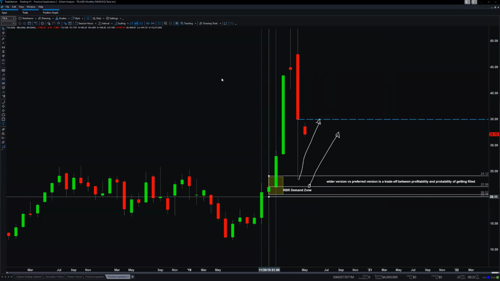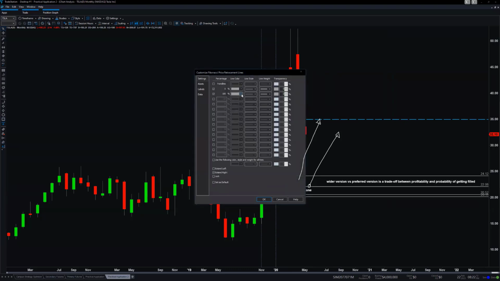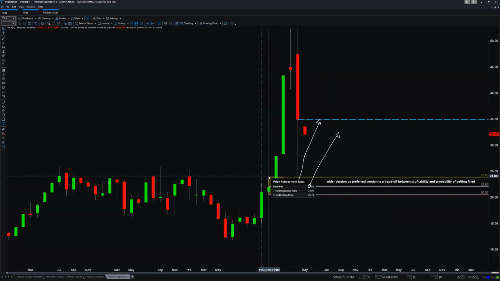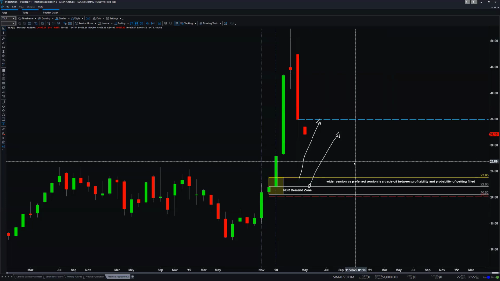Let's make those nice colors that we're used to, just to drive this home. Again, we'll spend a lot of time on this in the charts, as I said. So on the wider version, in this case, we have an entry.